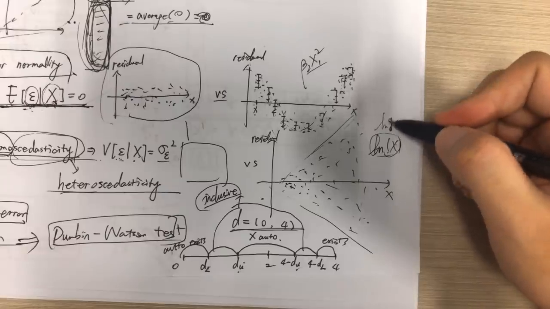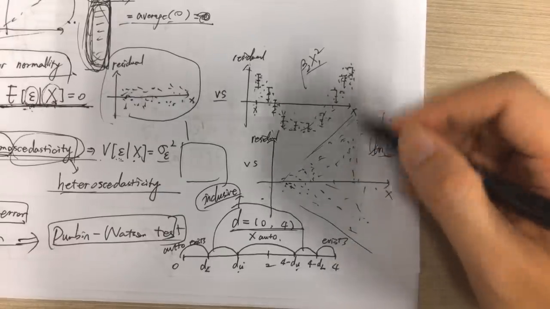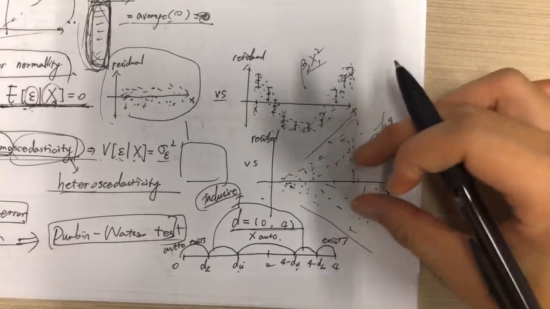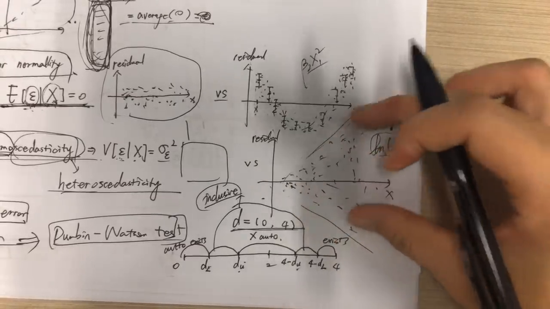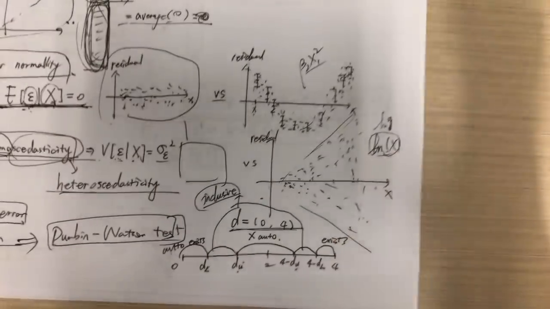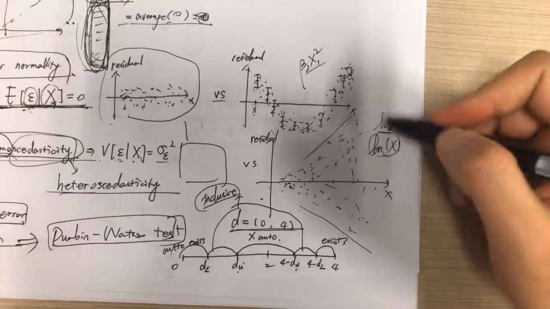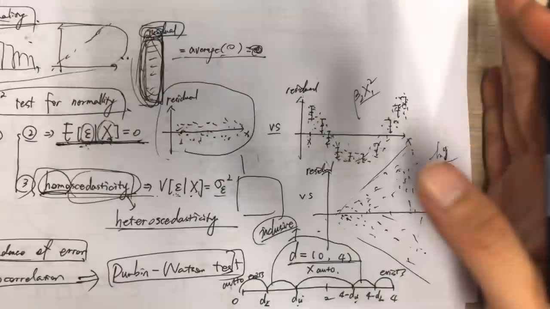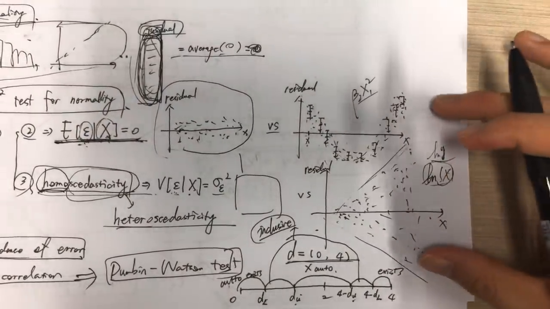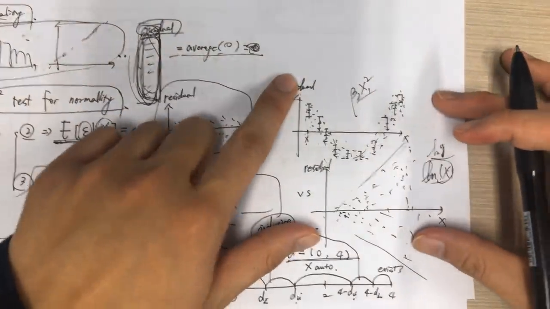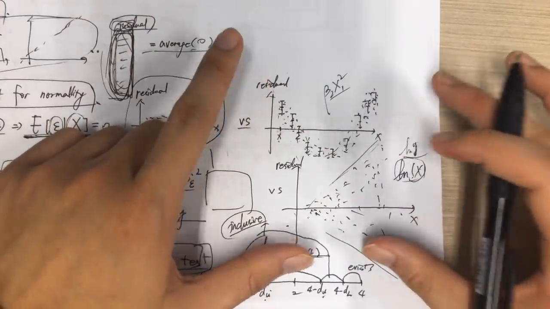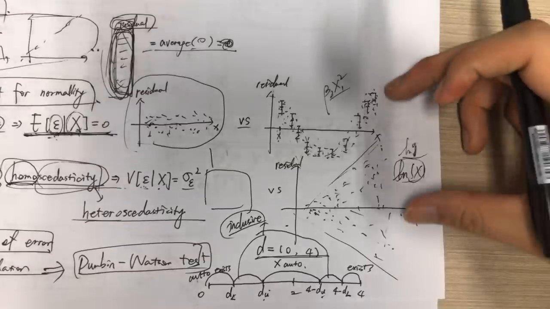So if you take a log on y, then the larger values and the larger variance will be shrunk. Okay, so it all depends. There are several ways of dealing with those problems if you observe the residual plots like this.